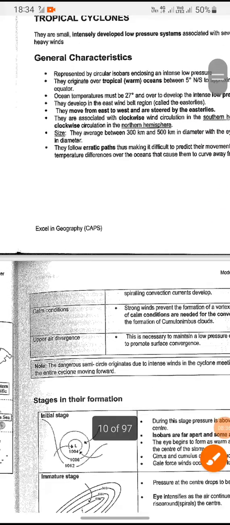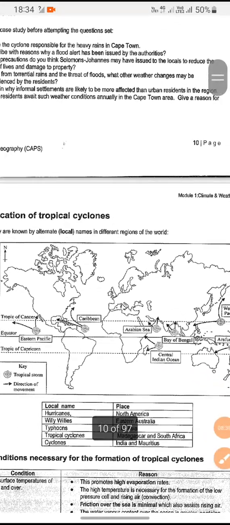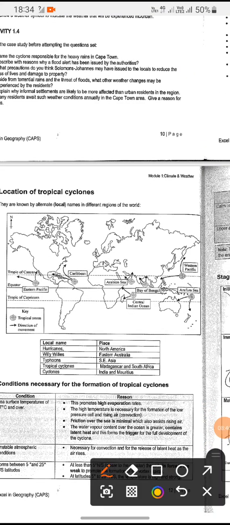So that is it. So let's see each location. In the graph, you see, these are the tropical cyclones, and they are being called by different names.